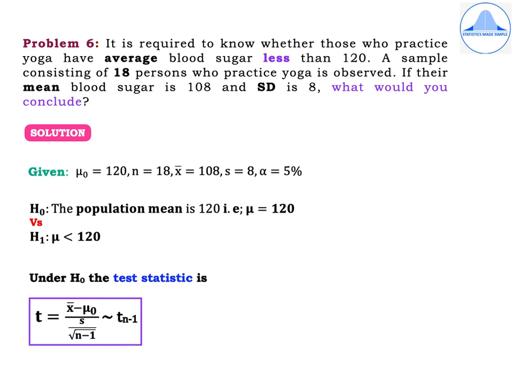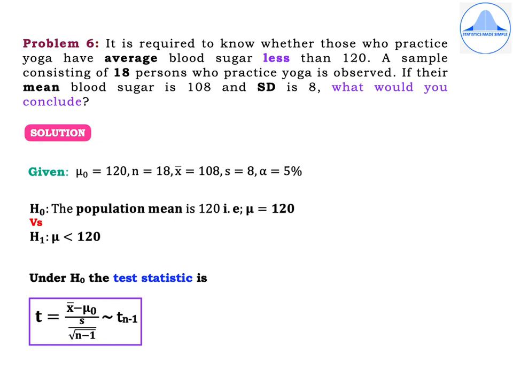The alternative hypothesis is a left-tailed alternative because in the question they have asked us to check whether those who practice yoga have average blood sugar less than 120. So because of the word less than, the alternative is a left-tailed alternative.